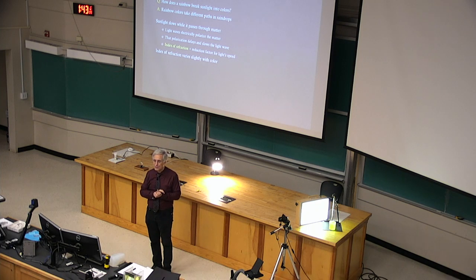The extent to which light slows down is characterized by a quantity known as the index of refraction. It's a value always greater than 1, except in exotic situations. It's the ratio of the actual speed in the material to the speed of light, or rather, 1 over that.